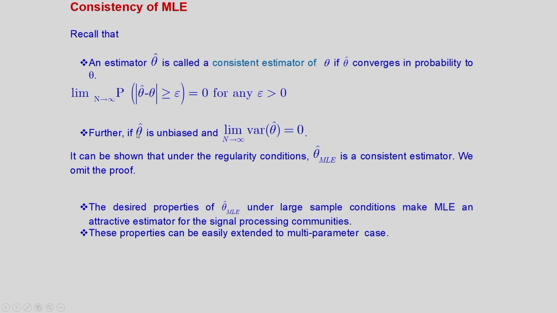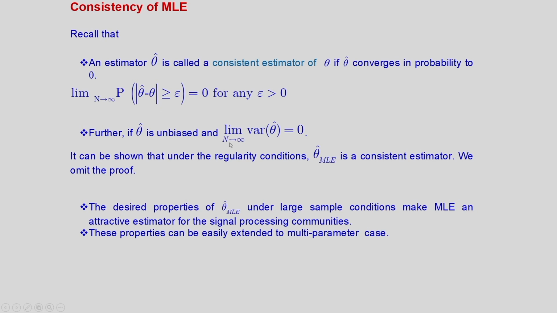Further, if theta hat is an unbiased estimator, then the condition for consistency is this: the limit of variance of theta hat as n tends to infinity is equal to 0. If this happens, then theta hat will be a consistent estimator. Now, it can be shown that under the regularity conditions, theta hat MLE is a consistent estimator.